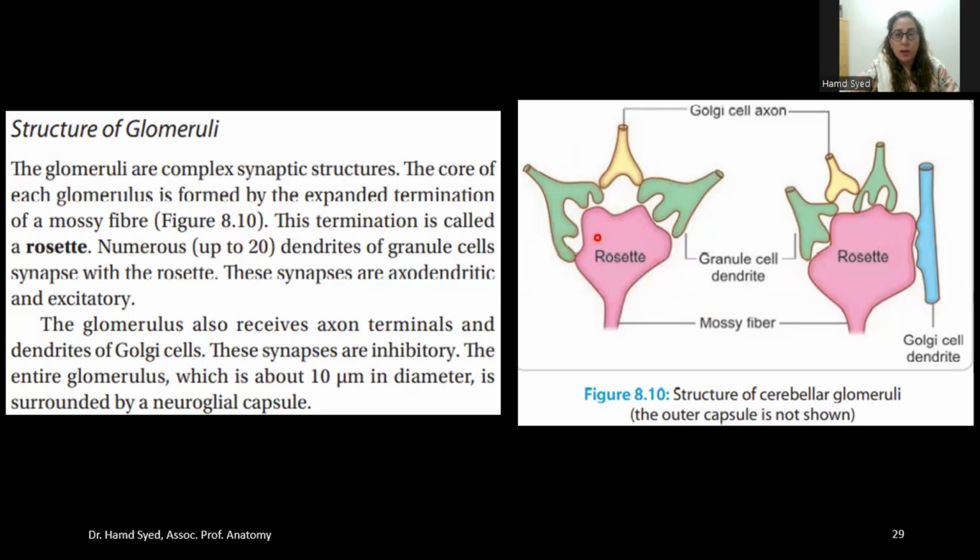The core is formed by the expanded terminal end of the mossy fiber, which is known as the rosette. Upon this rosette, numerous dendrites of granule cells are going to synapse, and this glomerulus also receives the axon of the Golgi cell. Now, remember that these synapses are inhibitory, and this entire glomerulus, which is about 10 microns in diameter, is surrounded by a neuroglial capsule.